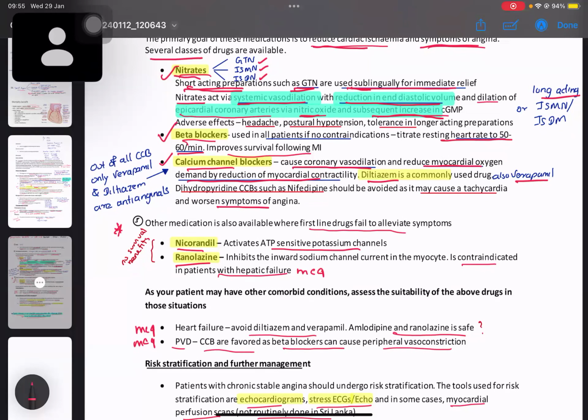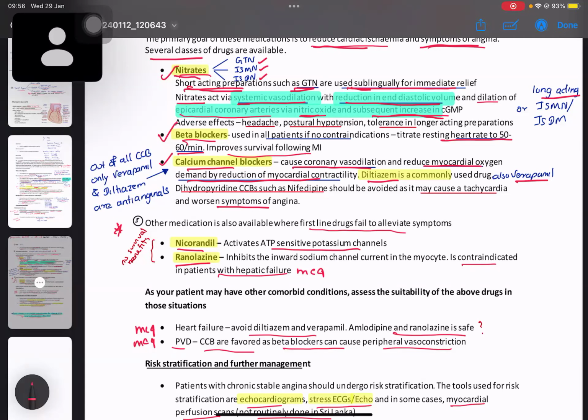So here, if they ask what the nitrate is doing, you just tell them they are systemic vasodilators. They reduce the end diastolic volume and they dilate the epicardial coronary arteries via nitric oxide. These are enough for the clinical exam. And there are side effects.